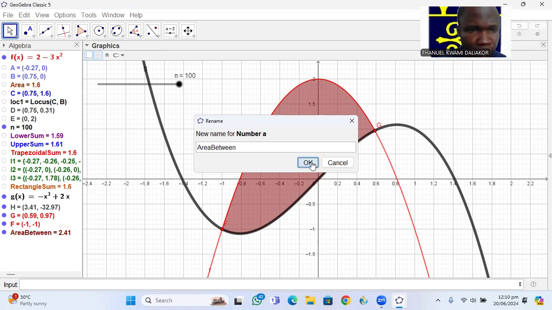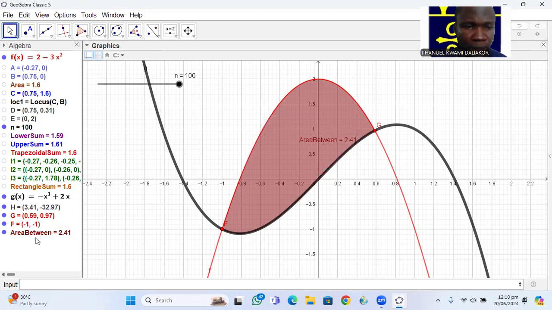Okay, so the area between is the area between those two curves. We have this. So finding area between two curves, that's how we go about it. We can use integration to solve problems, a practical problem, maybe a given question.